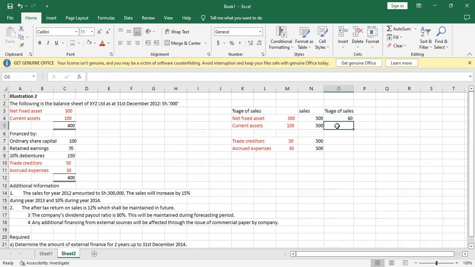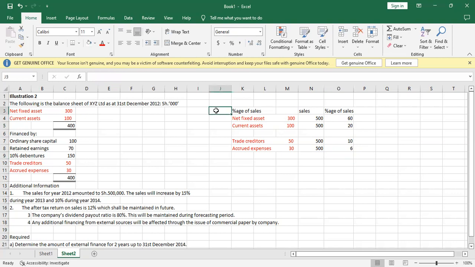Then this will be 100 over 500, 20%. 50 over 500, that will be 10%. Then 30 over 500, that is 6%, right? So I have expressed my elements as a percentage of sales. That is step number 2.